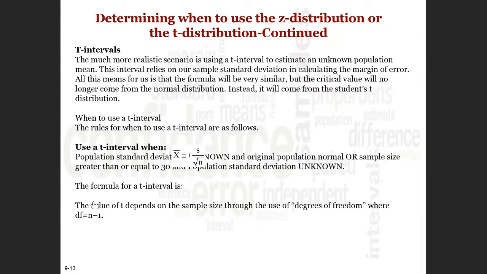And the formula for the t-interval: the value of t depends on the sample size through the use of degrees of freedom, where degrees of freedom is defined as n minus 1. Your n is your sample size, and you subtract 1 from it. Any questions about that? Okay.